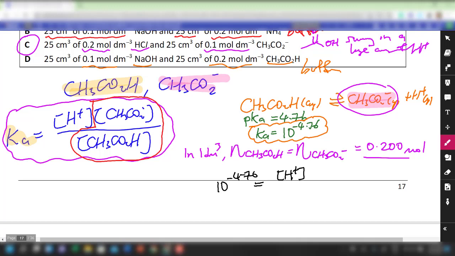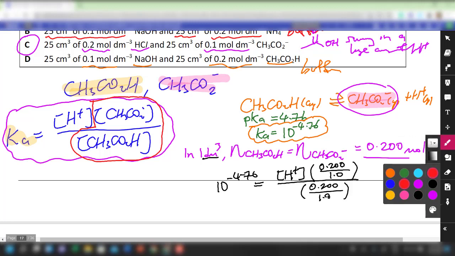What is the concentration of ethanoate? The number of moles is 0.200, divided by 1.0 because I'm talking about 1 dm cube over here. And then divide by 0.200 divided by 1.0. You realize that I can cancel these two terms, and therefore the concentration of H+ will be this number.